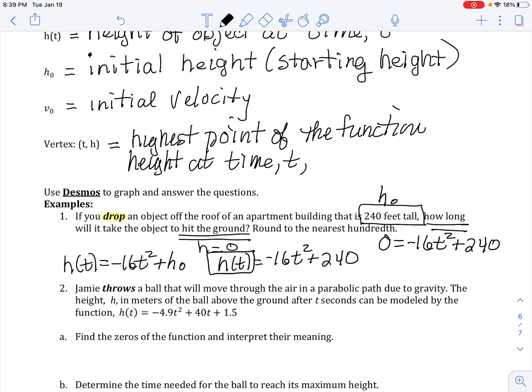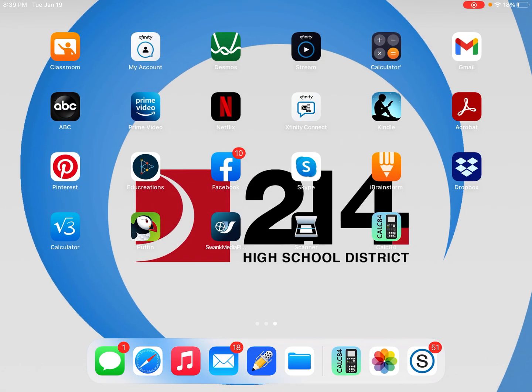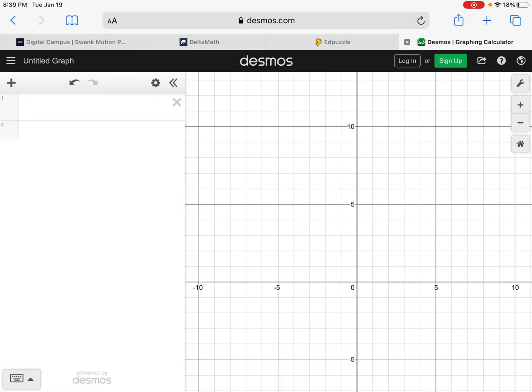Now you got two options here. You can either just straight up solve that, solve by square rooting, or you can type it in to Desmos and find t when h is 0. Right? So negative 16t squared plus 240. So I'm going to go back to my Desmos, okay?